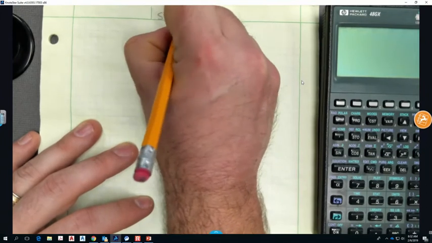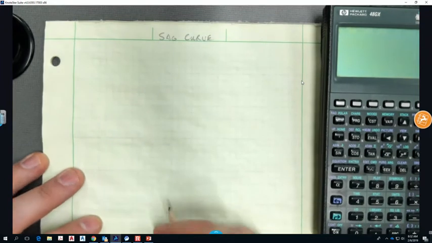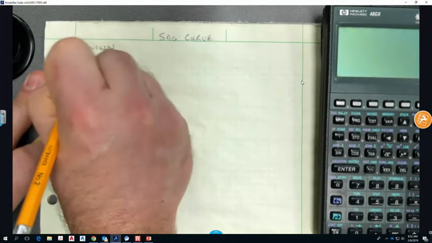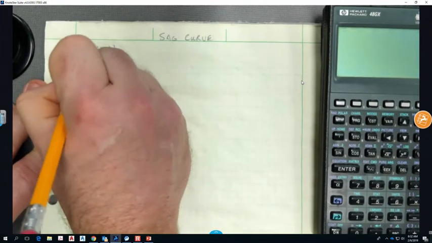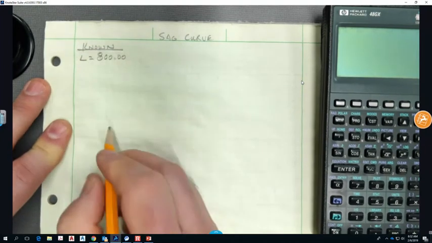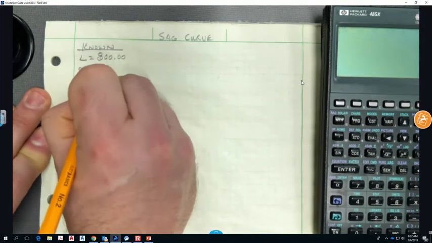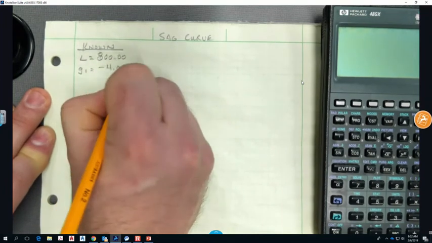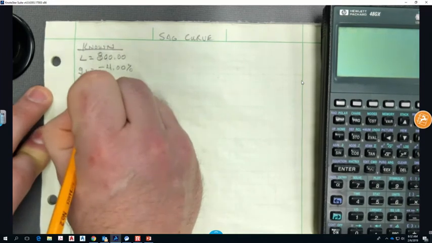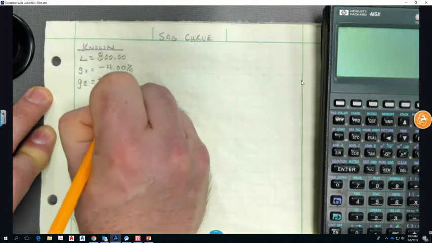Okay. No particular one on this. So I'll give you the same knowns again. Not the same, but some different ones. So L, we're going to have at 800. So that's the length of our curve is 800. G1 is going to be a negative 4.00%. G2 is going to be a positive 2.00%.